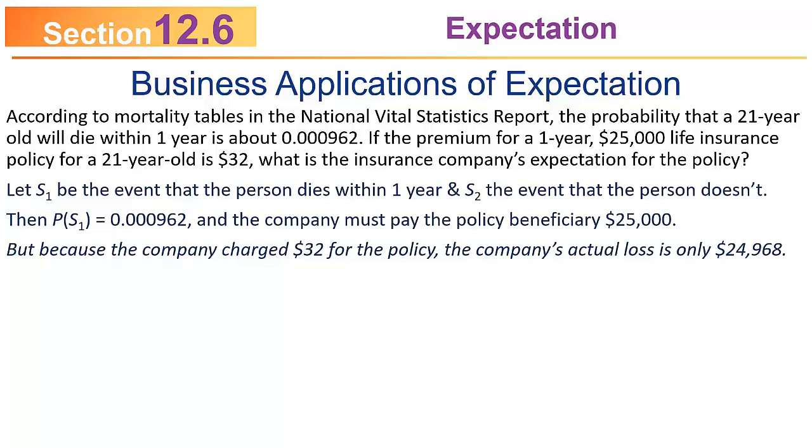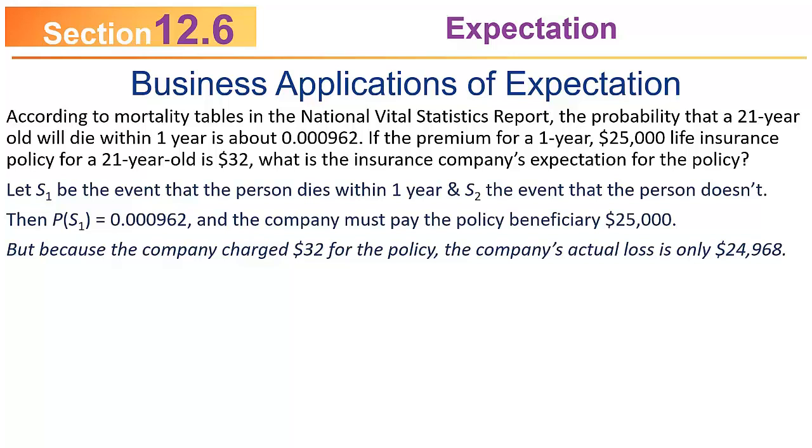The company charged $32 for the policy, so even if they pay out, they actually don't lose $25,000. They lose $25,000 minus the $32 that the policyholder paid to get the policy. So $25,000 minus 32 is $24,968. So it's close to $25,000, but it's not quite $25,000. So you have to adjust for that.